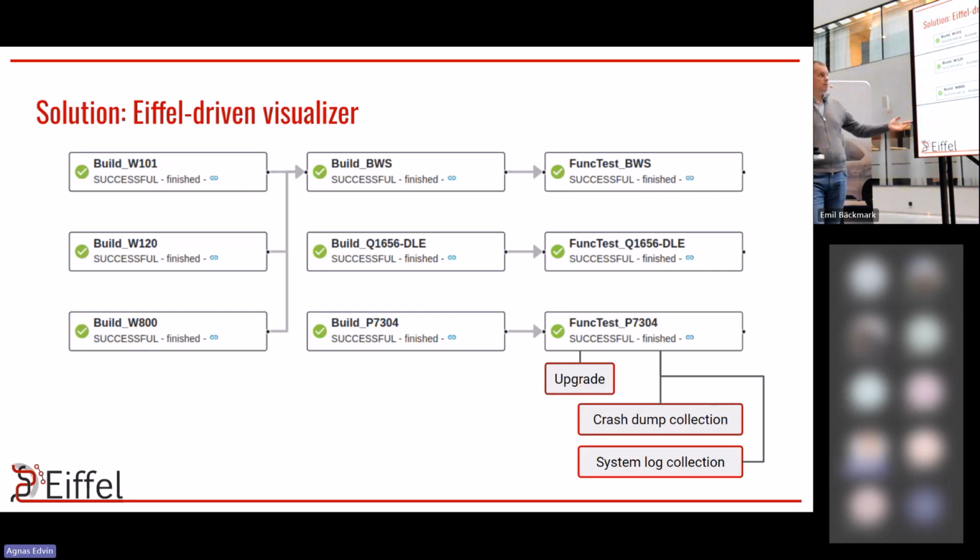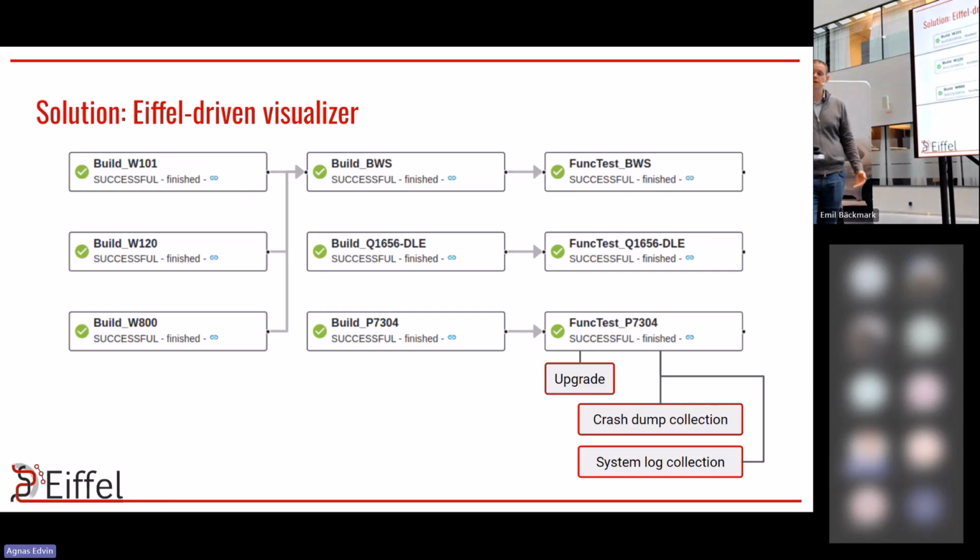So it's run completely separately, and instead of, for example, streaming the log from the upgrade to the test job, we can model it as an Eiffel activity that we can tie into this graph. So, for example, you could click on the upgrade box and look at its logs. We also have side activities for collecting crash dumps. If a process in the device, or maybe the whole kernel crashes during the test, we want to know about that, obviously.